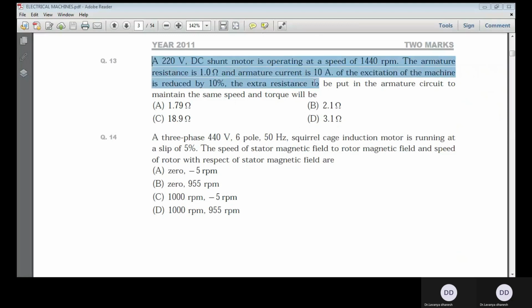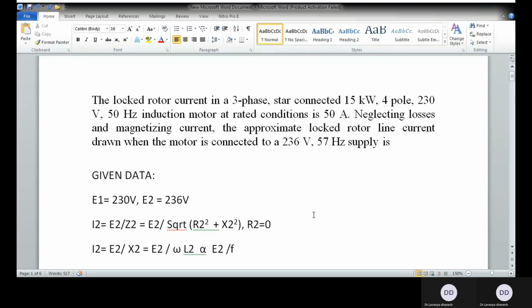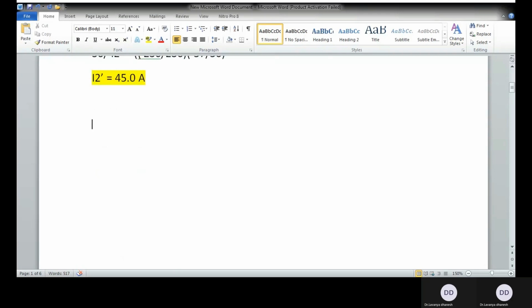So what I told you: whenever you have a problem, you first take the problem and write the given data. I'm writing the problem.